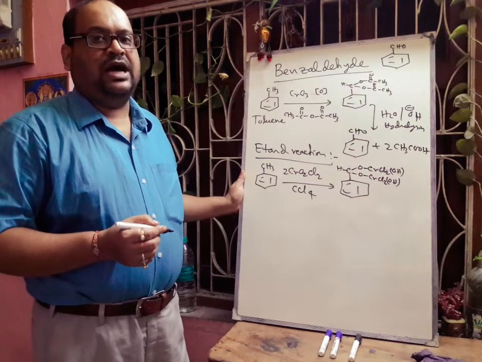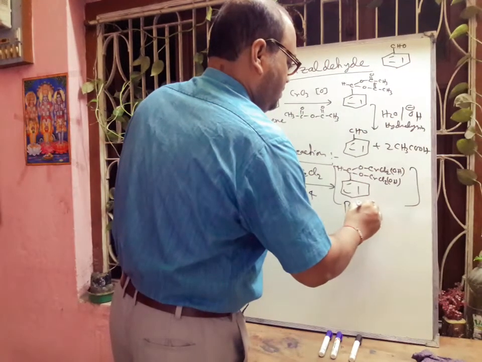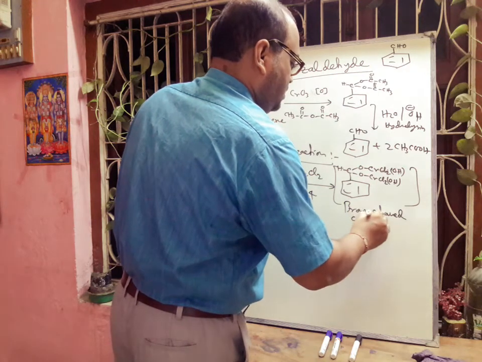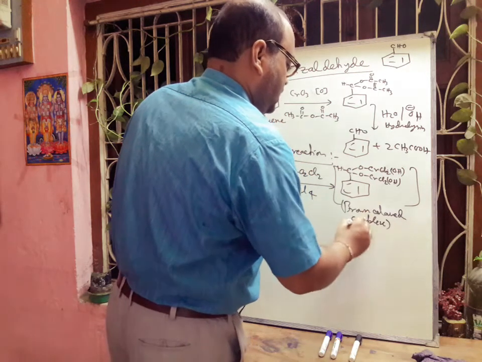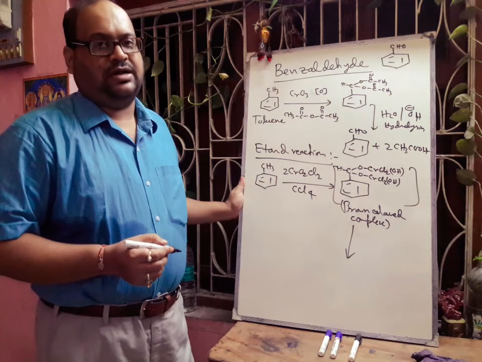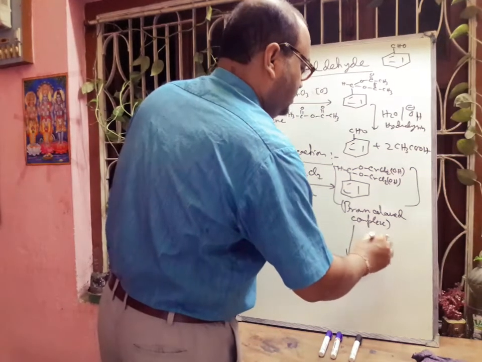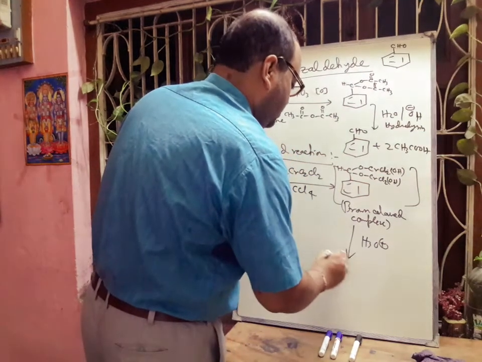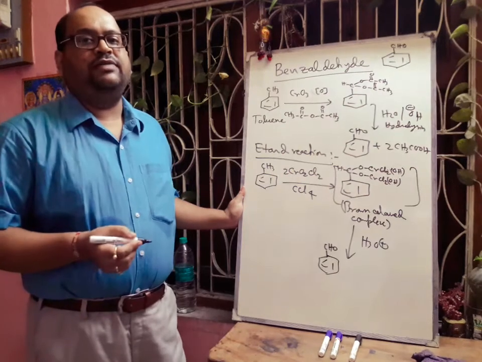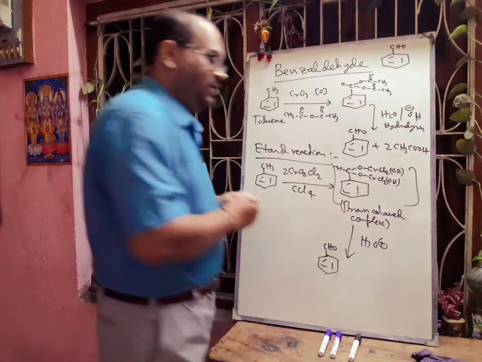This is the brown colored complex, and with this complex we have to do acid workup. That means we give H3O plus, acid hydrolysis. That will give you the corresponding benzaldehyde. So this is another method by which we can prepare benzaldehyde. Next we will discuss the preparation directly from benzene.